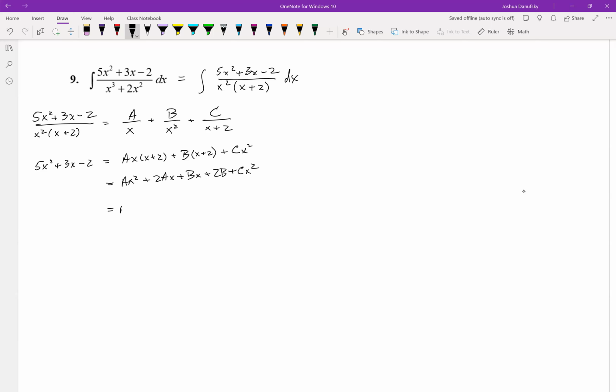Now we'll group our x squareds to get a plus c times x squared plus 2a plus b times x plus 2b. Now, equating these coefficients, we're going to see that a plus c is equal to 5, 2a plus b is equal to positive 3, and 2b is equal to negative 2, giving us these three equations.